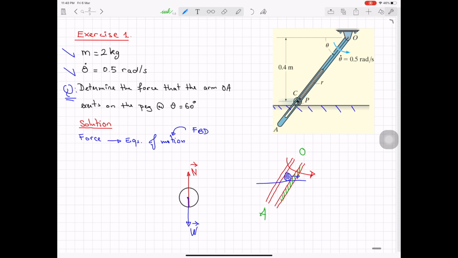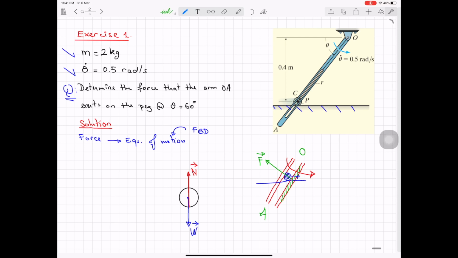So it will have an action on the mass because it is supporting the mass. There will be a force that is perpendicular to that side of the arm OA, and that force will act upon the mass.